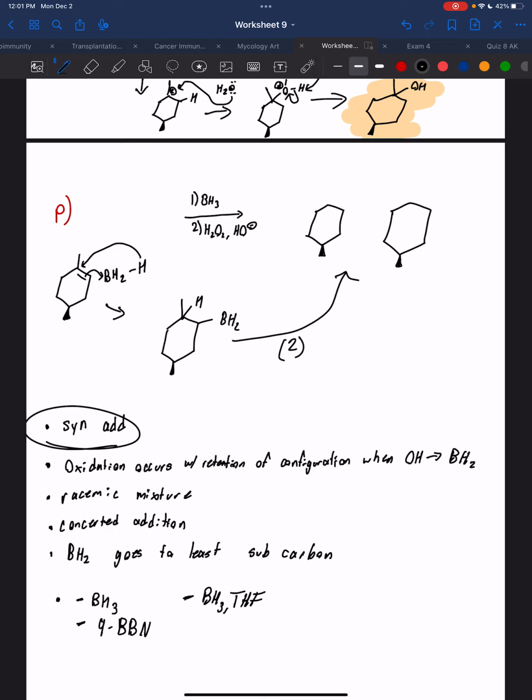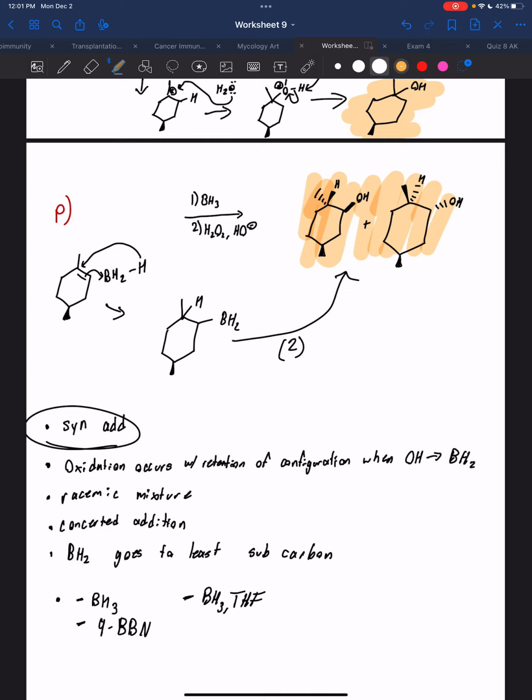One where my hydrogen is on the wedge, and then my OH group that again replaces BH2 in this second reaction. Those are going to be on the same side, and therefore the rest of the compound is going to follow along. And these, again, have to be on the same side since they're syn addition. And so these would be my 2 products of syn addition.